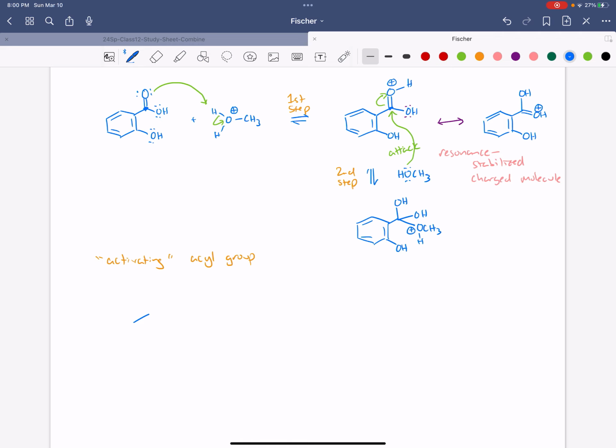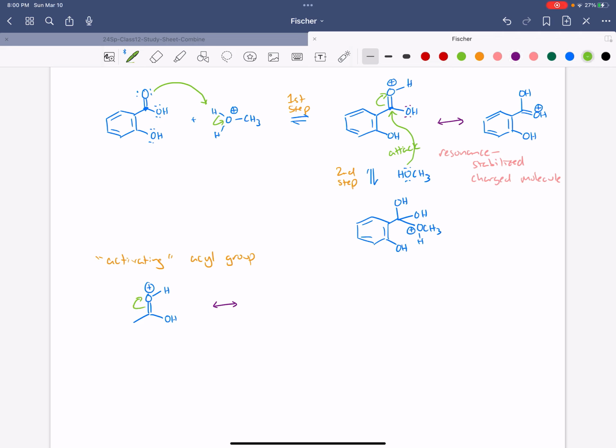I'm not going to draw the whole molecule, but let's protonate the acyl group like this. You have another resonance structure that I haven't shown yet. That resonance structure is this.